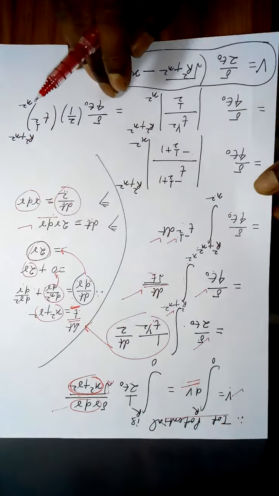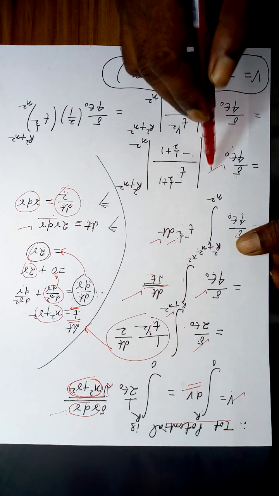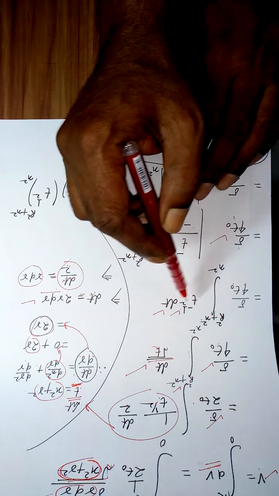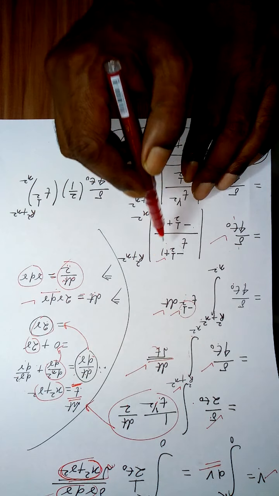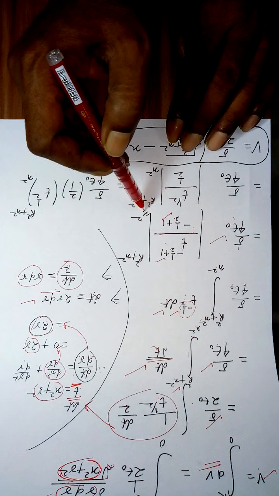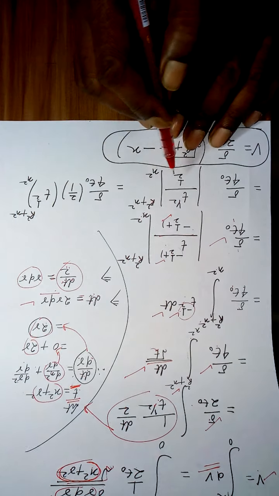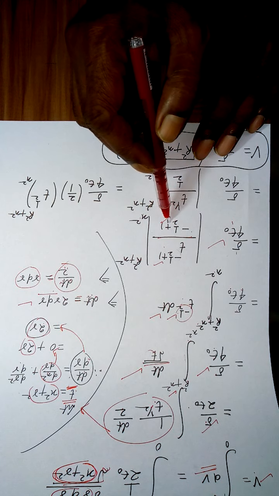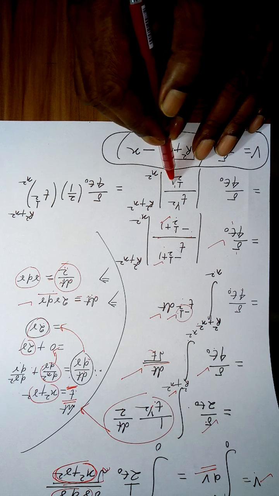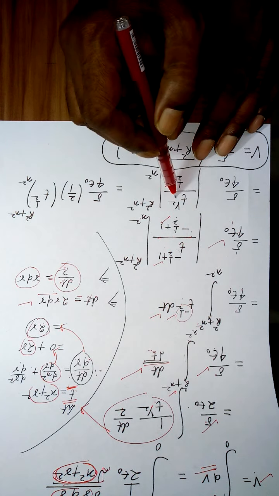Now that is equal to sigma by 4 epsilon naught. Now the power increases by 1 and it is divided by the same number. The limit of integration is x square to r square plus x square. Now this becomes minus 1 by 2 plus 1, which is 1 by 2, so this is t to the power 1 by 2.